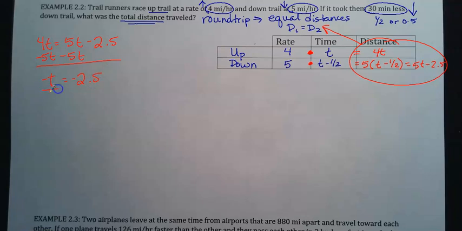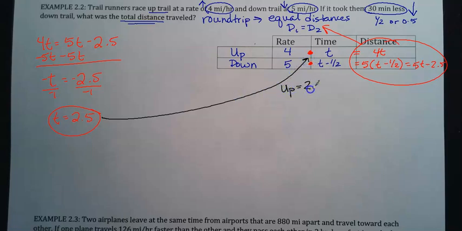I just have to divide by negative 1, and then I have T equals a positive 2.5. Sweet. So I can plug that back into my chart. To go up, it took 2.5 hours. And to go down, it's 2.5, our T, minus a half an hour, so it took 2 hours. Awesome.